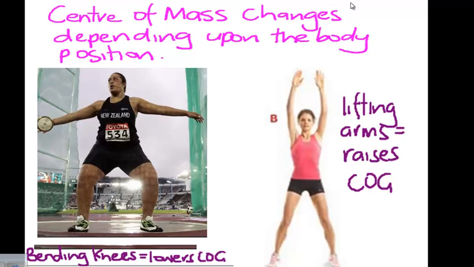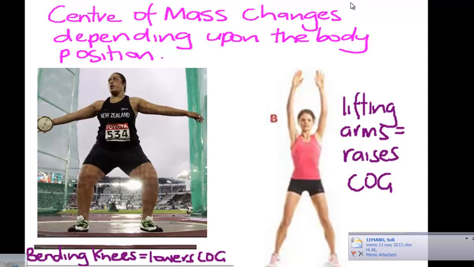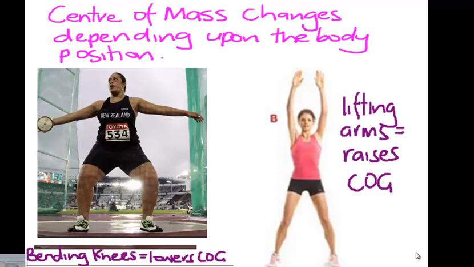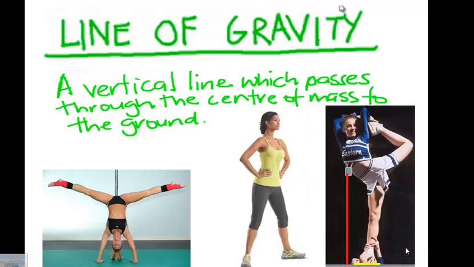And the lady on the right, if you were to raise your hands up above you, her centre of mass has risen. So once again, bending your knees, your centre of mass lowers to the ground. If you raise your hands up, then your centre of mass rises.